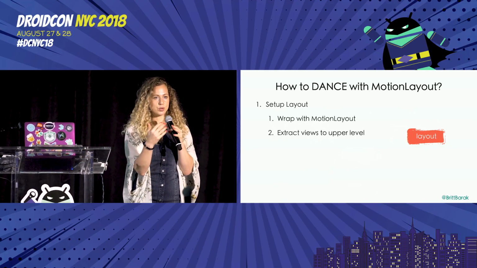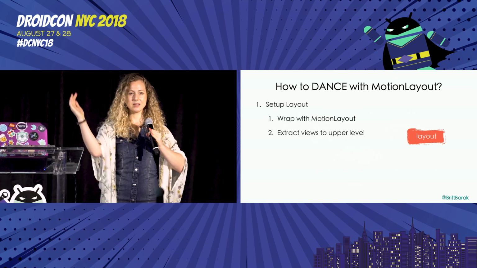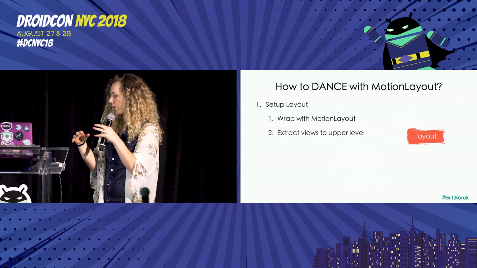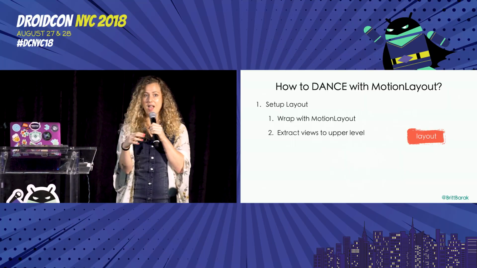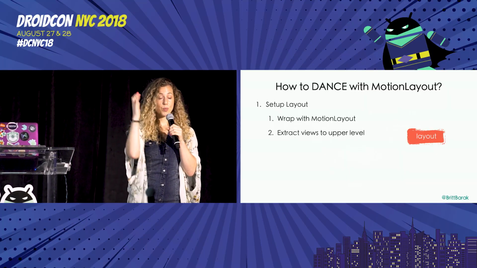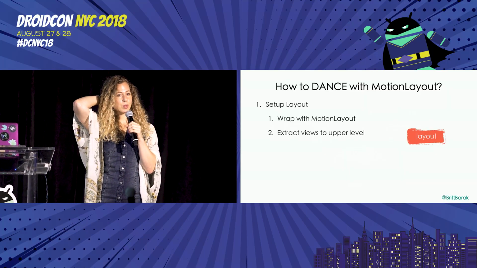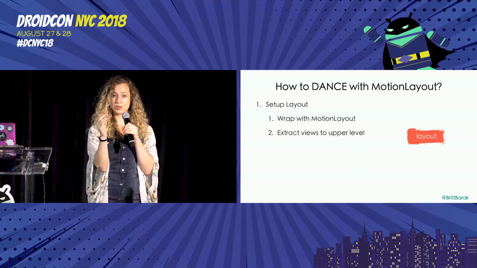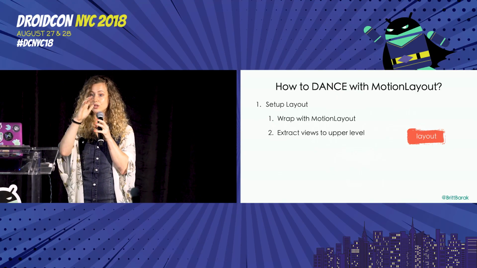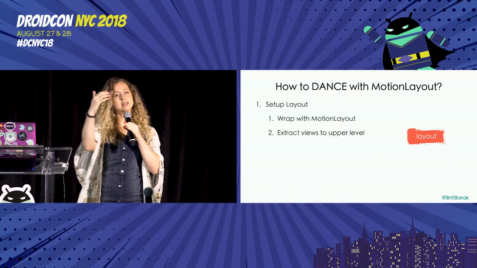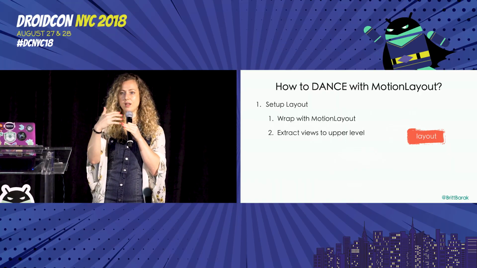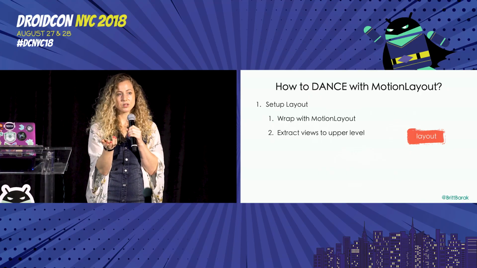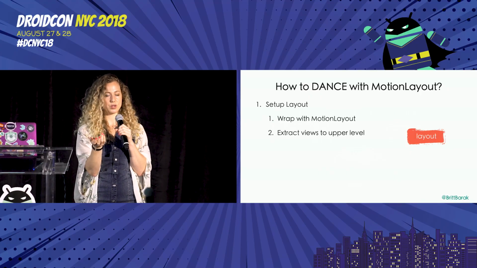If you don't, what you want to do is basically wrap your existing layout with motion layout. And as I said a little bit before, motion layout currently can only animate the views that are its direct children. So what you want to do is just wrap your layout and then decide which views you want to have motion with, which usually is not all the views that you have on the layout.